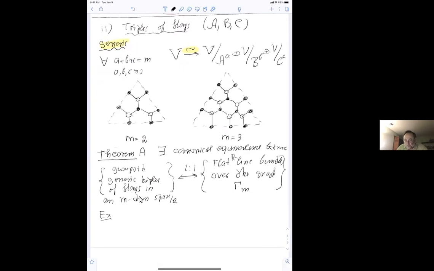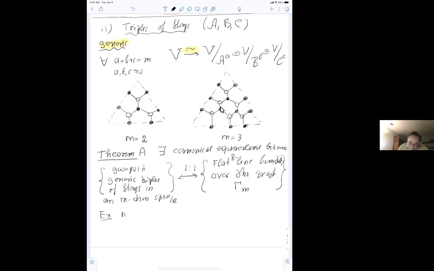We get nothing interesting because this graph which you see here is contractible, so there are no line bundles, but the result is still non-empty. It says that all generic triples of flags are equivalent. I also want to stress that this is a one-to-one correspondence with local systems on this graph.